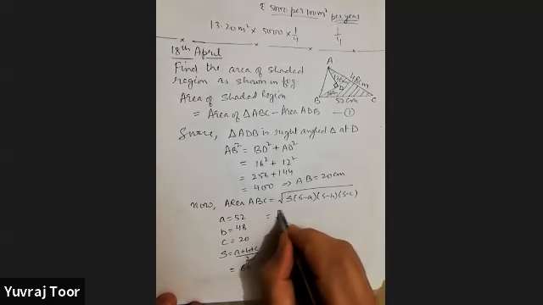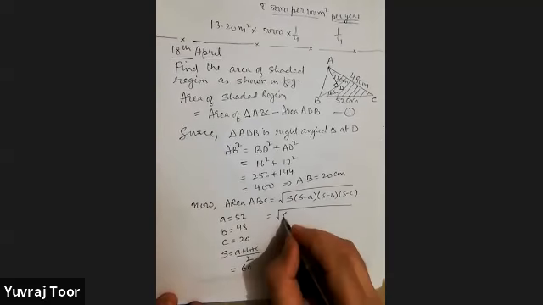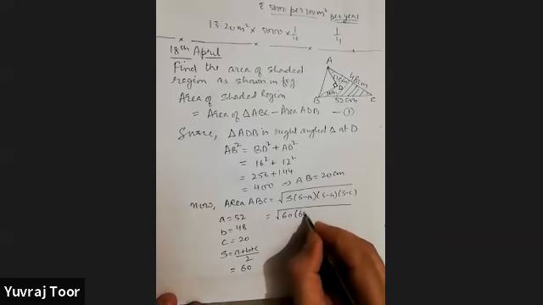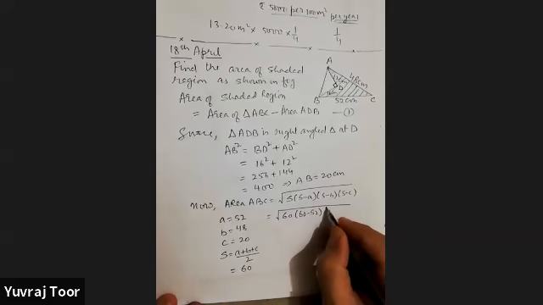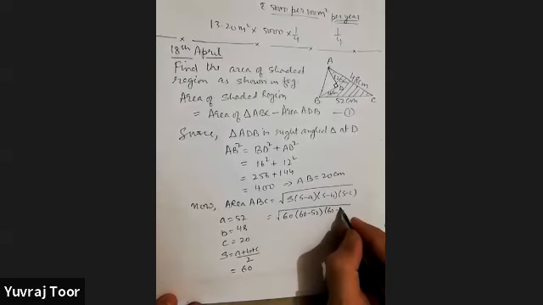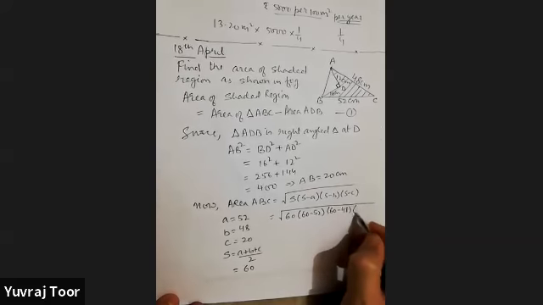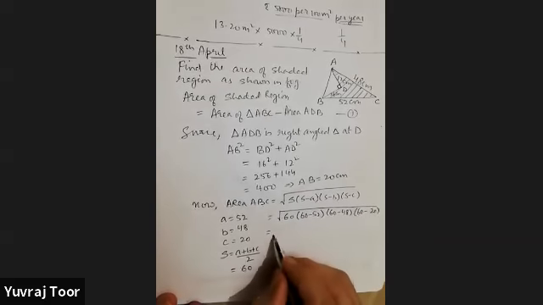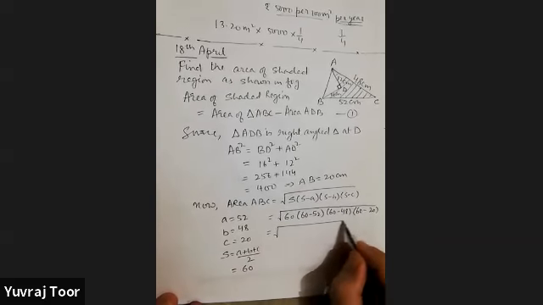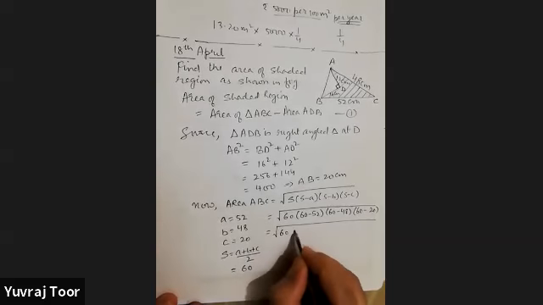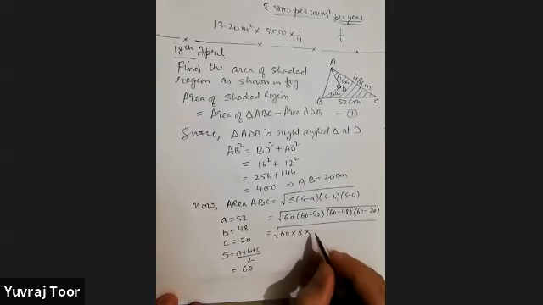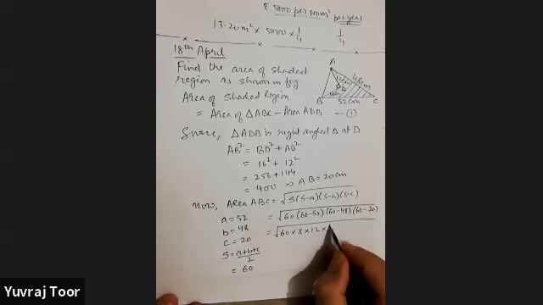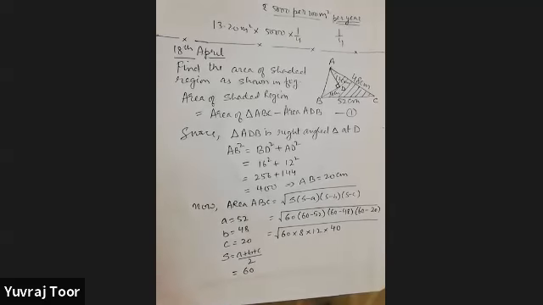Now we'll calculate this area. 60, 60 minus 52, 60 minus 48, 60 minus 20. 60 into 8 into 12 into 40.